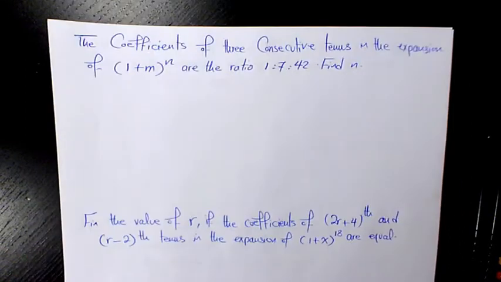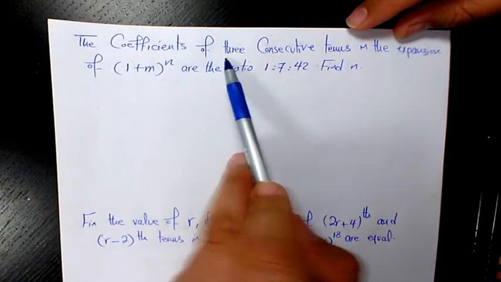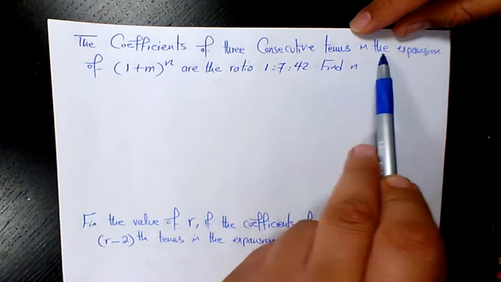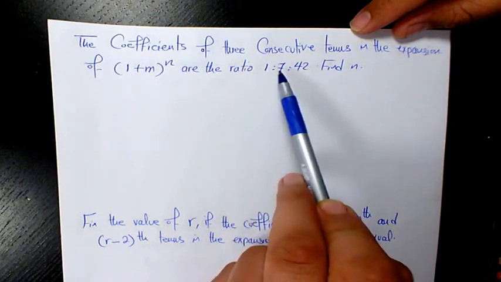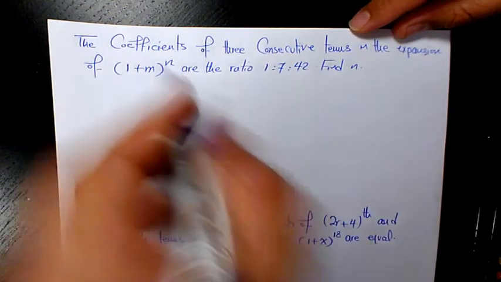Here in this example, it says the coefficients of 3 consecutive terms in the expansion of (1 plus m) to the power of n are in the ratio of 1, 7, and 42.